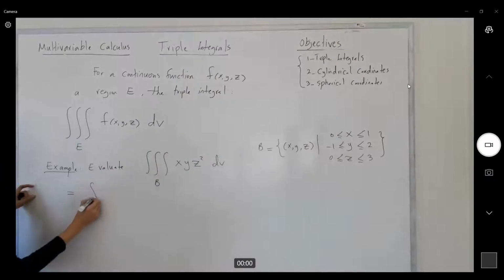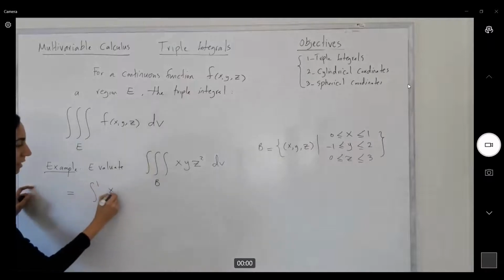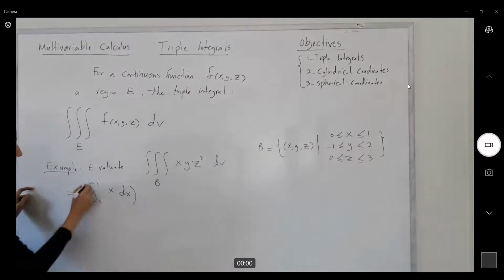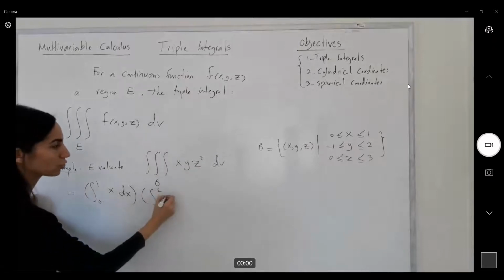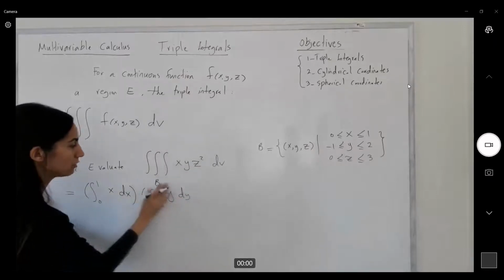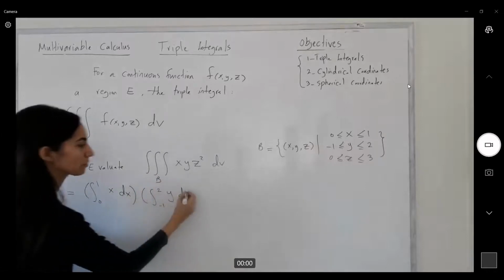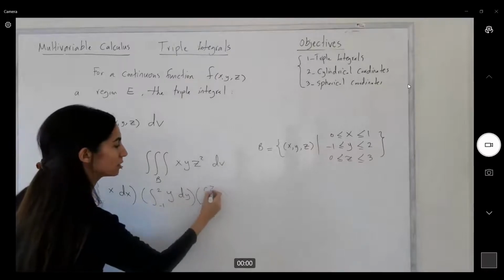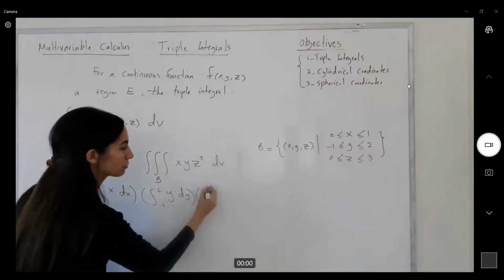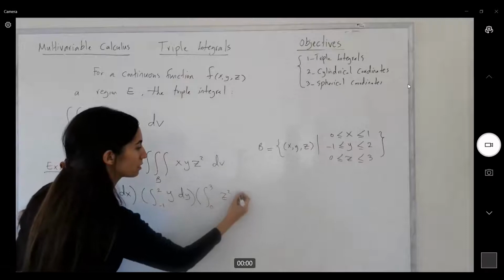We can write this integral this way: the integral from 0 to 1 of x dx, times the integral for y from -1 to 2 of y dy, multiplied by the integral of z from 0 to 3 of z squared dz.